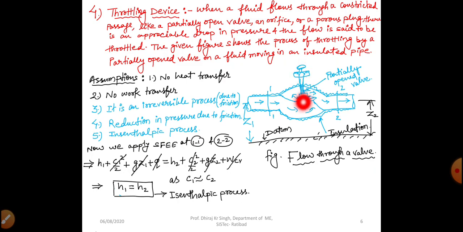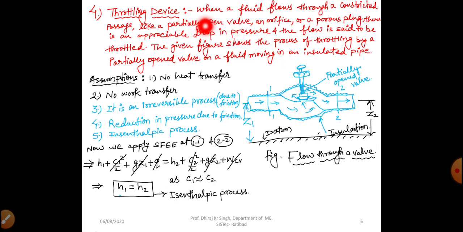The function is to close the passage, and when it closes the passage, the fluid coming from the inlet will not go freely through the outlet. A very slight opening is there, that's why we call it a partially open valve. That kind of condition is known as throttling.